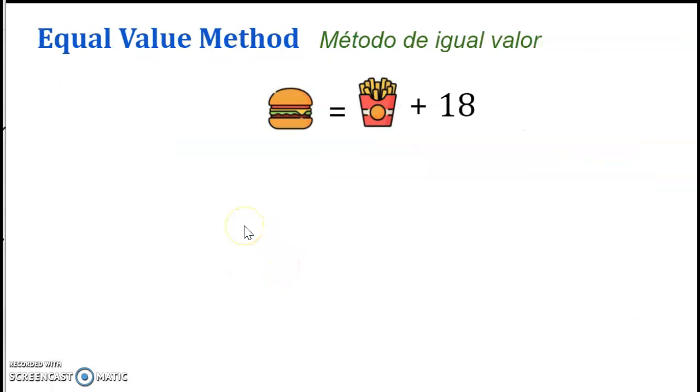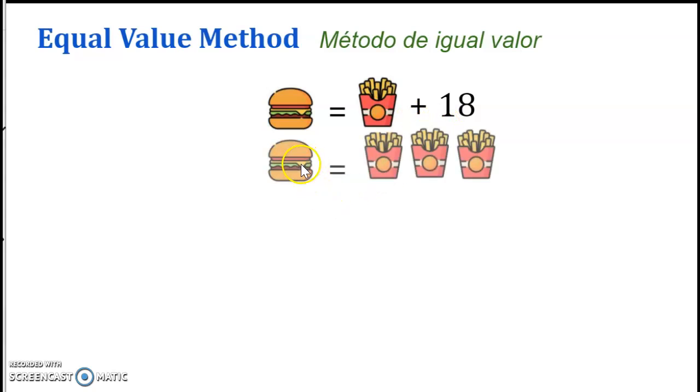Alright, so equal value method. What does that mean? Remember our juicy burger and french fries: the price of the juicy burger is equal to french fries plus 18. And I also told you that the price of the juicy burger is the same as the price of 3 french fries.